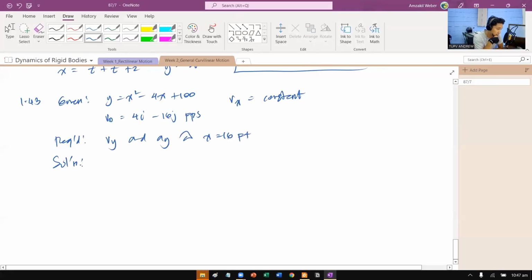So the given is the path, which is parabolic, and the initial velocity, which is 4i minus 16j. So 4i is the x and 16j is the y, which is downward.